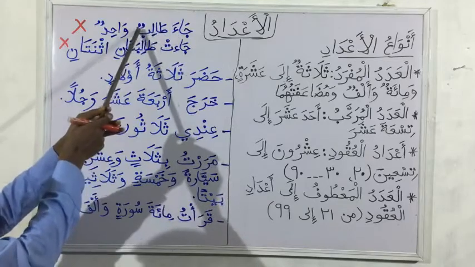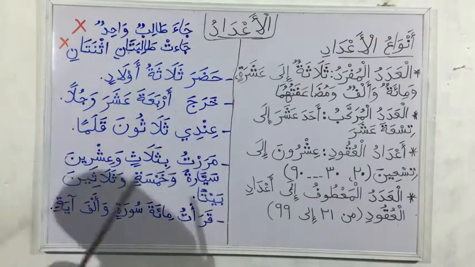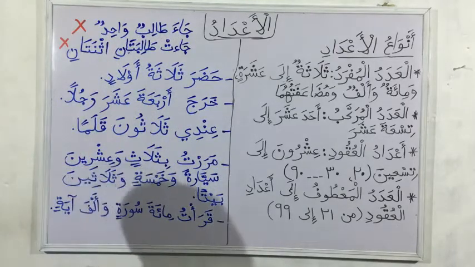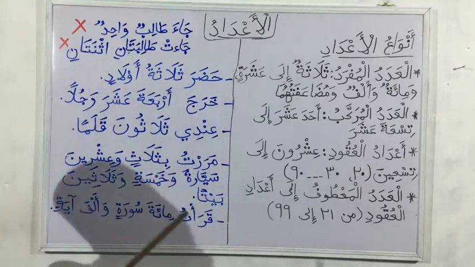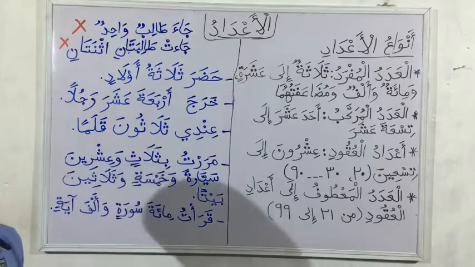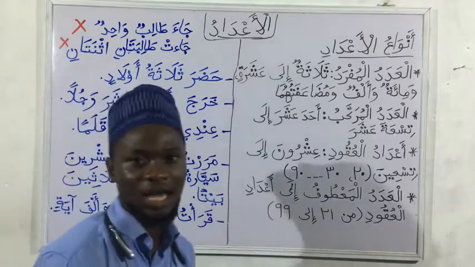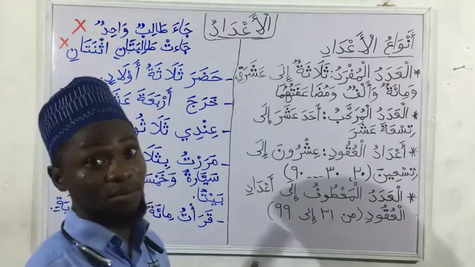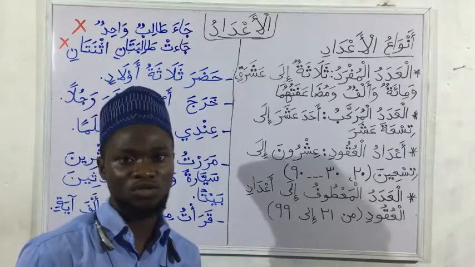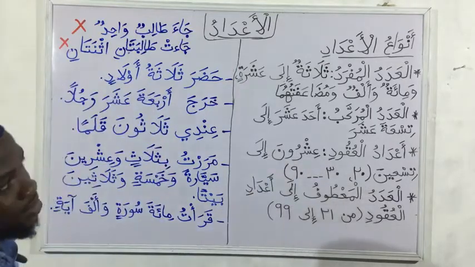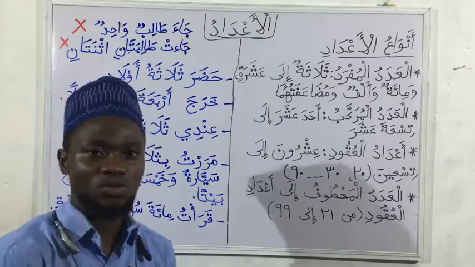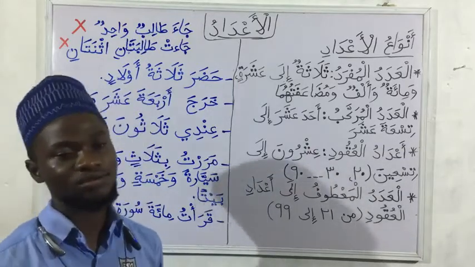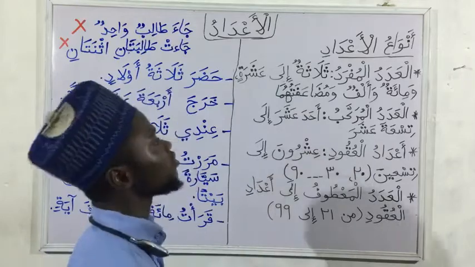So Ja'a talibun, you can see this rafu'. Wahidun is also taking rafu'. Talibatani, rafu', isnatani, rafu'. So 1 and 2 are not considered as numbers. That is why most scholars do not consider 1 and 2 as numbers. So we will be looking at our numbers from 3 to thousands, tens of thousands.